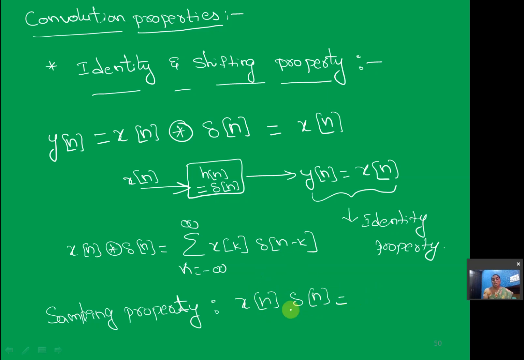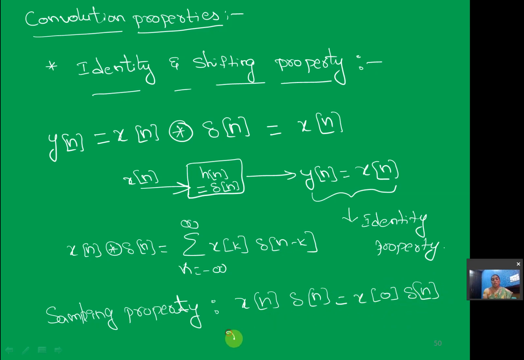That means x of n at n is equal to 0, the x of 0 value, will appear here. That means x of 0 is the only amplitude. So to represent that, we should place x of 0 into del of n.